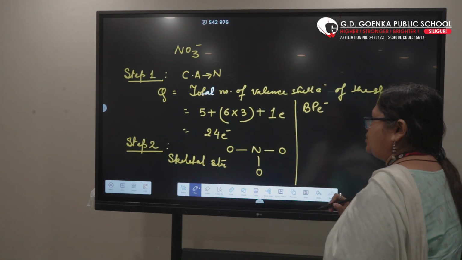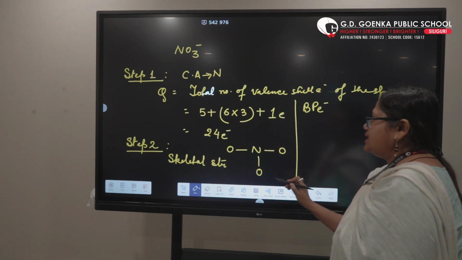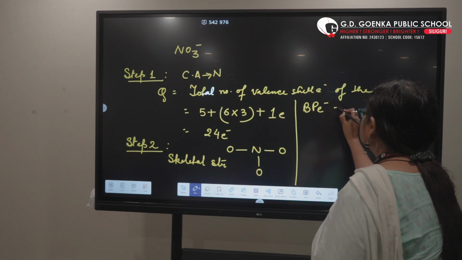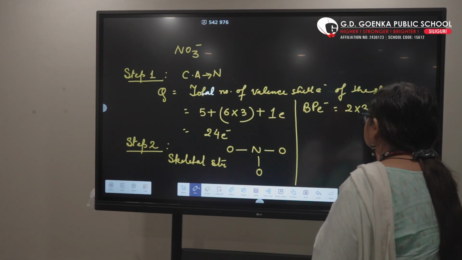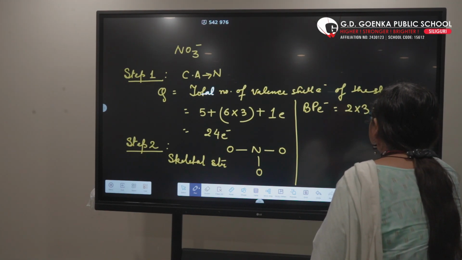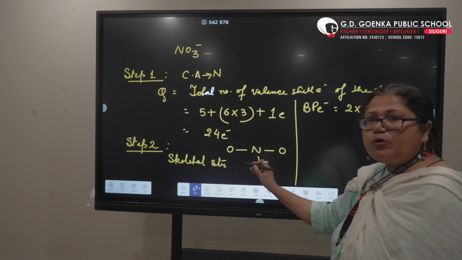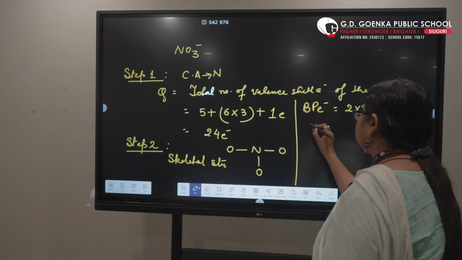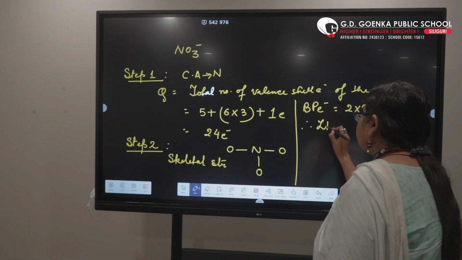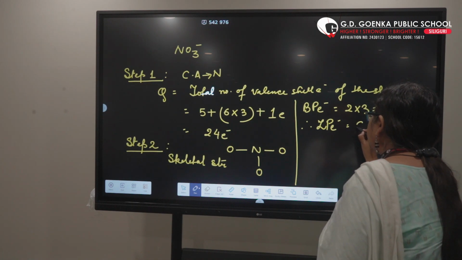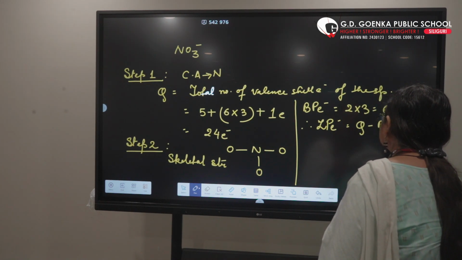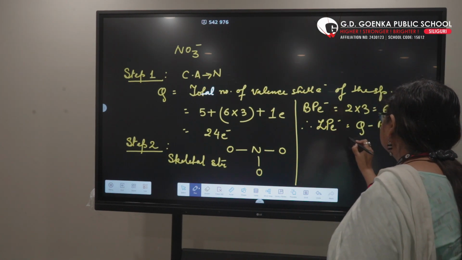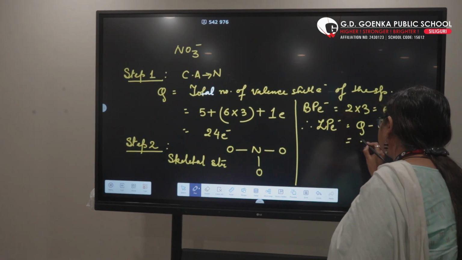How do we calculate the bond pair of electrons? Nitrogen is connected to the corner atoms by 3 bonds. That means 2 into 3 equals 6 electrons. One single bond means 2 electrons, so 3 bonds, 6 electrons. Therefore, lone pair of electrons is Q minus bond pair of electrons. If you remember, we have done these steps. So what is the value of Q? 24 electrons.